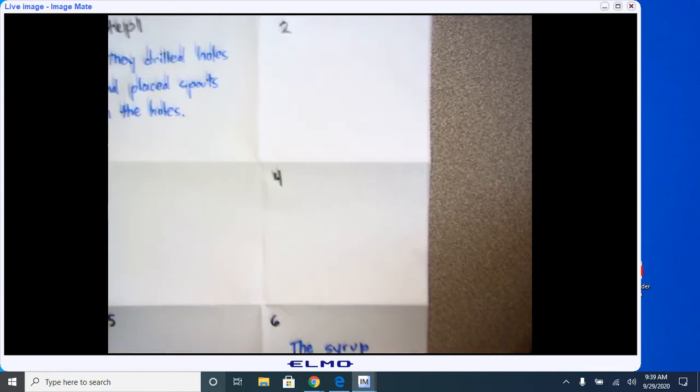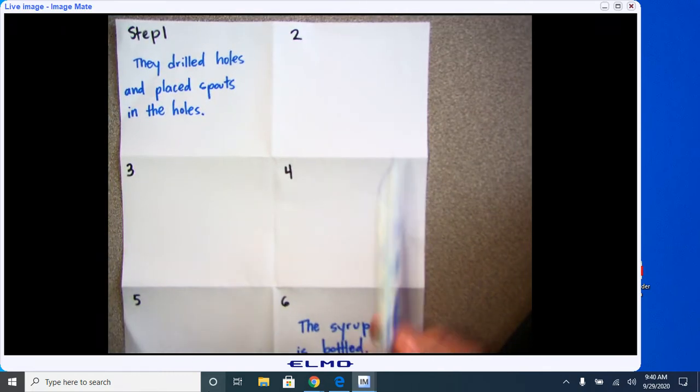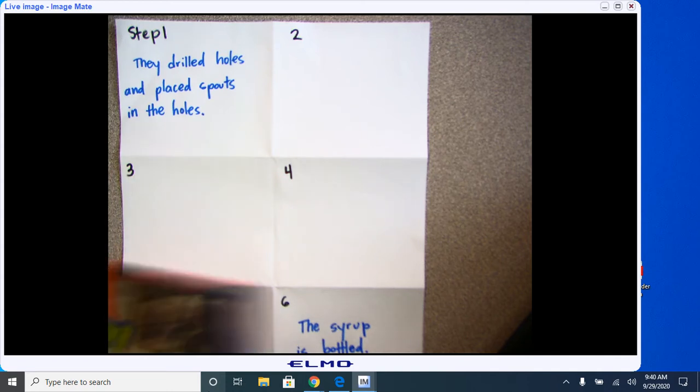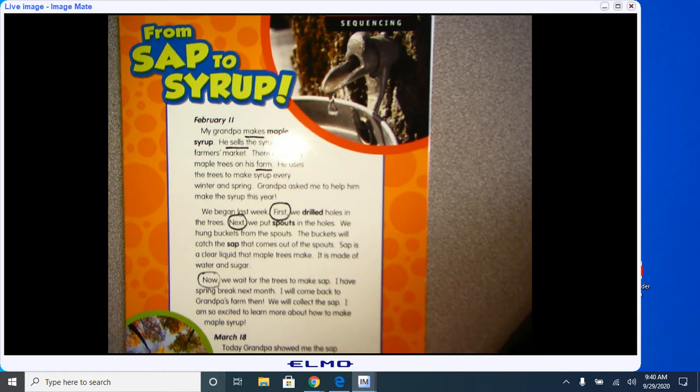Now, let's think about what were the most important 1, 2, 3, 4 things that happen in between there. All right, so they drilled the hole and put the spout in. And then they hung a bucket from the spout to catch the sap.